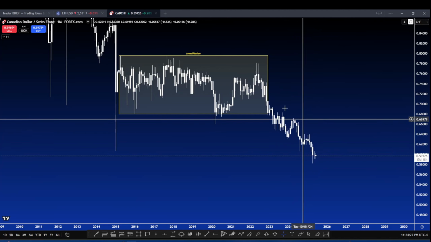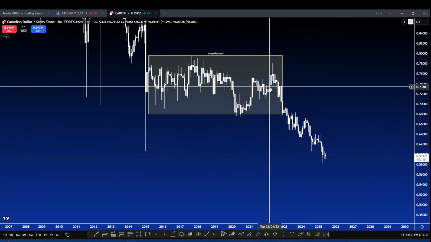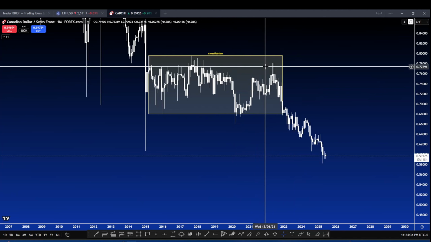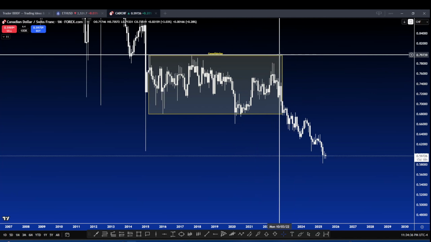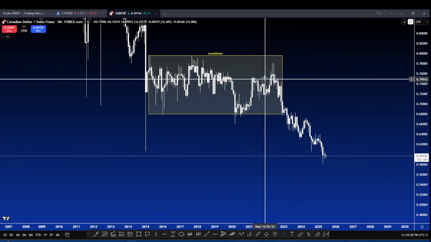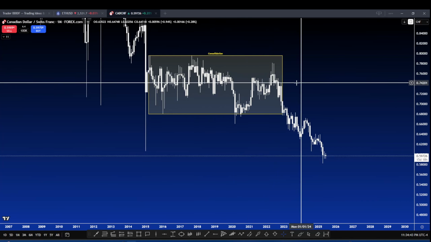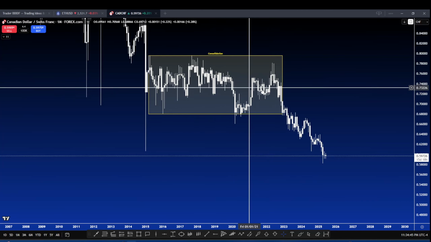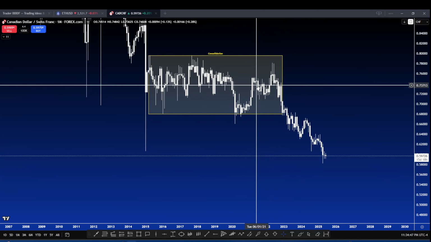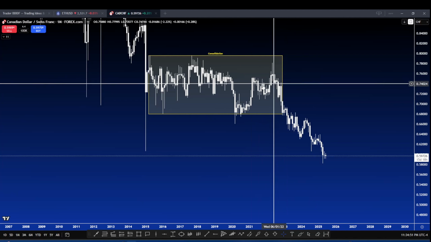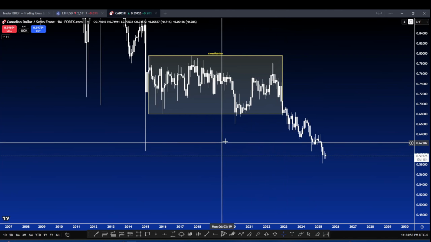But again, from looking at this consolidation, if you were able to spot that and stay away from it, you would know you won't have a really good trade setup with this. So this is another example of a bad setup. Guys, there's nothing for you to do here but move on to a different chart that potentially has a good setup.